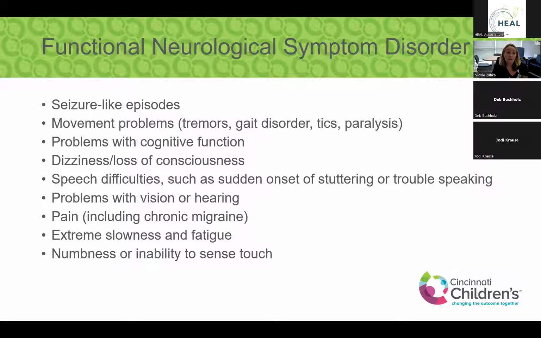Dizziness, loss of consciousness, speech difficulties like stuttering or difficulty finding words, loss of vision, loss of hearing, chronic pain syndromes, slowness, fatigue, difficulty with activating, and changes in touch sensation. You probably have seen kids with one of these. You probably have seen kids with multiple symptoms.